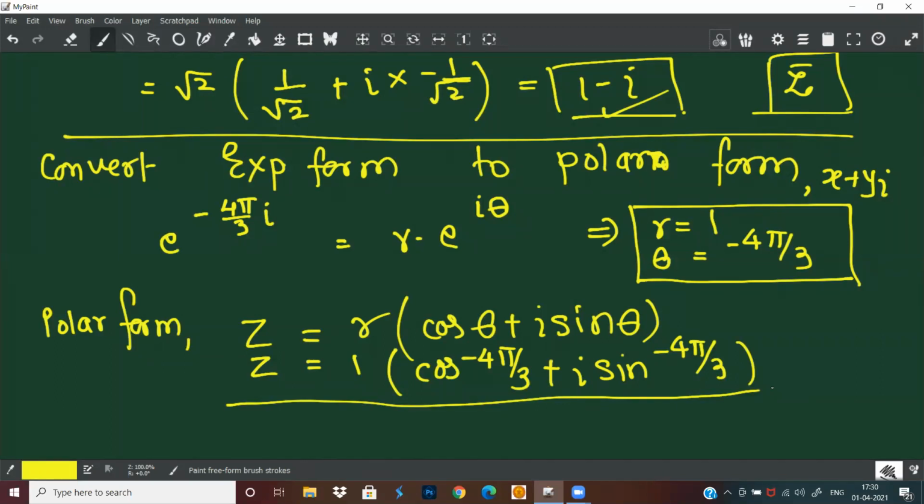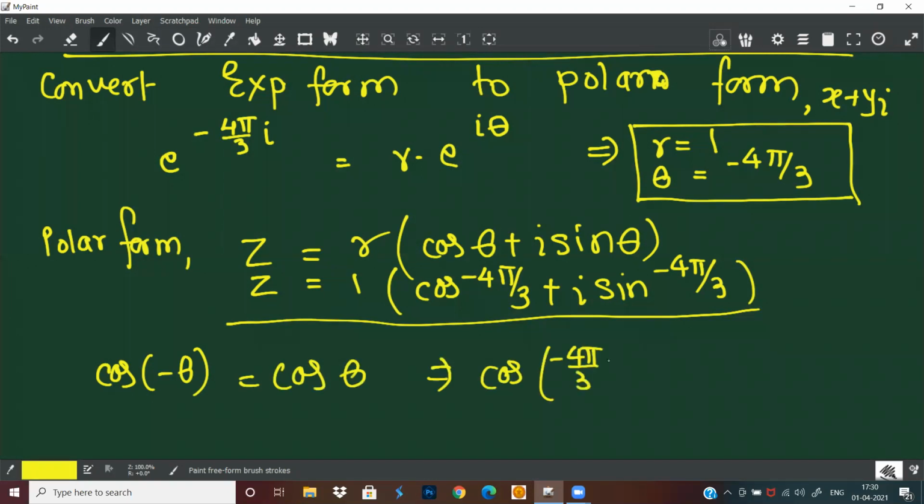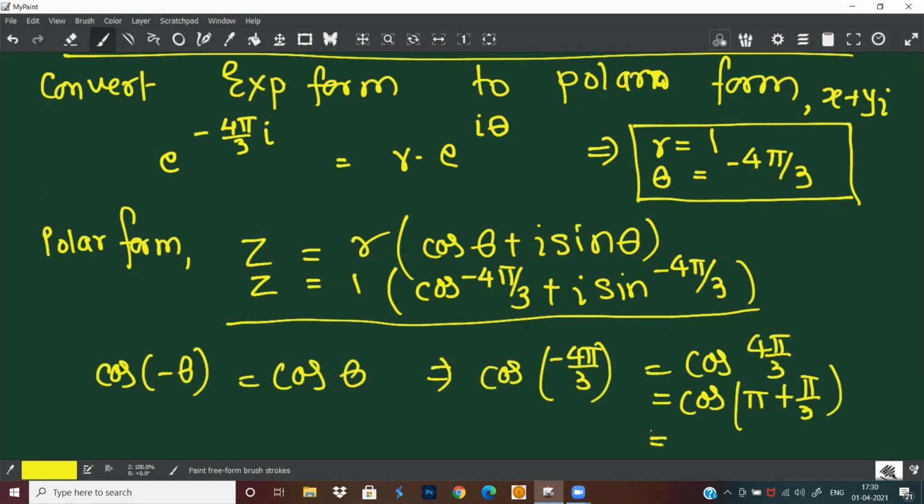Now go up to x plus yi. Now what is cos of minus theta? Same as cos of theta. So cos of minus 4 pi by 3 is the same as cos 4 pi by 3, which is cos of pi plus pi by 3. Correct? Are you getting it?